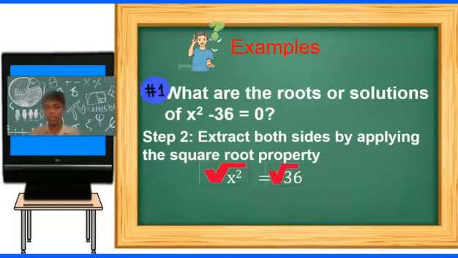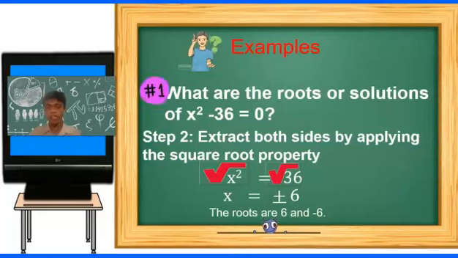How about 36? Okay, there are two possible roots for 36. One is positive 6 and negative 6. So, what will be the roots or solutions? So, x is equal to positive and negative 6. So, the roots are 6 and negative 6.